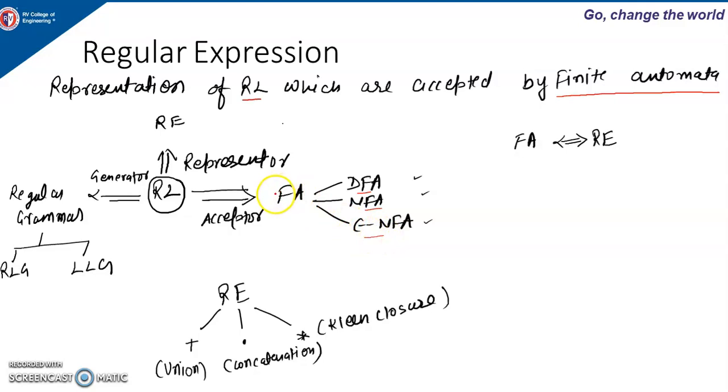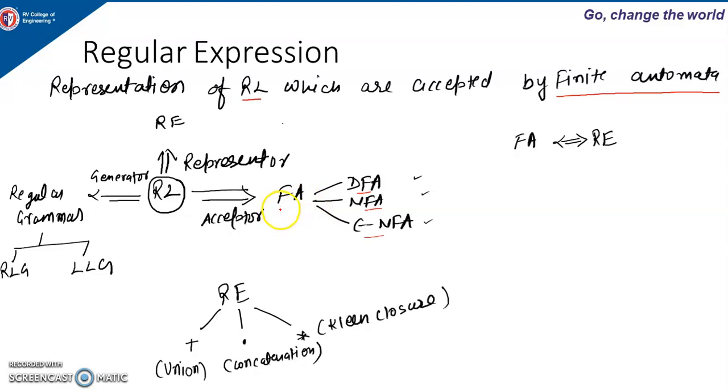Whatever finite automata we construct for a language, the first thing is we will be seeing all the valid strings of that language. So the machine should be able to accept all the valid strings of the language and it should reject all the invalid strings. So we have to see whether a string is in the language or not.